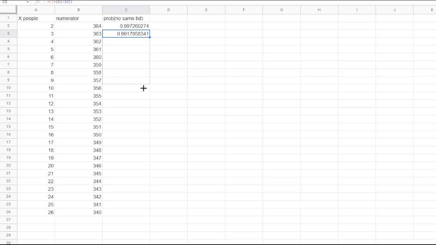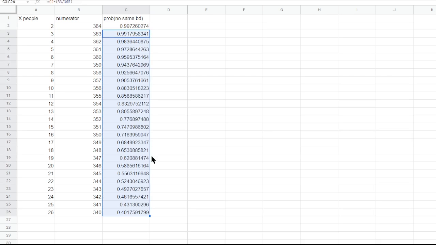And then we can again drag this down all the way. And then finally, we are going to do the probability of some pair of people with the same birthday, which is just 1 minus that. So I'm going to do 1 minus this probability at column C.